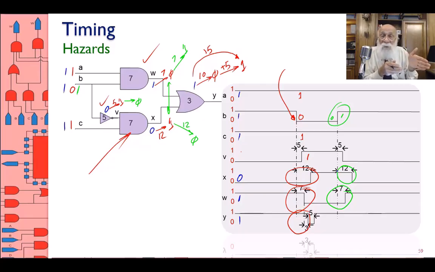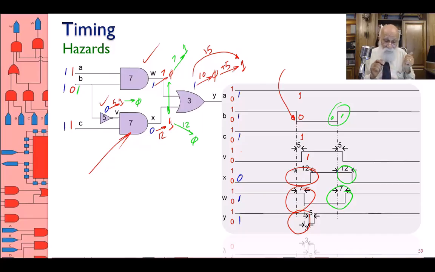The upper input has already become 0, and therefore my output will be left with 2 zeros on its inputs. Okay, 2 zeros for a short period of time. It will be left with no 1s on the input, and therefore the OR output drops down to 0, but then it comes back up.